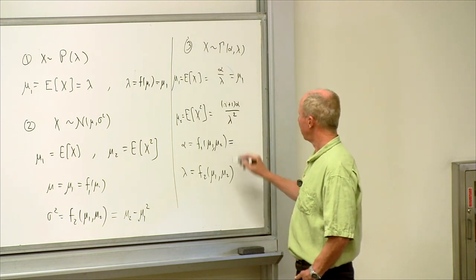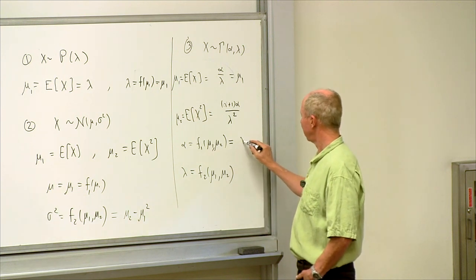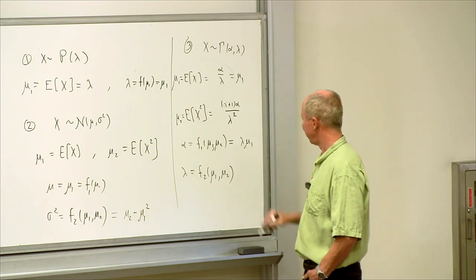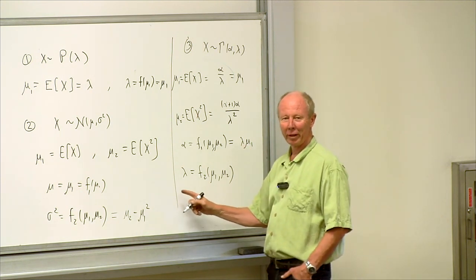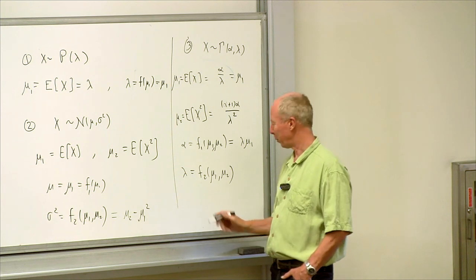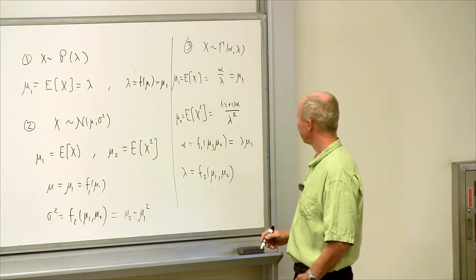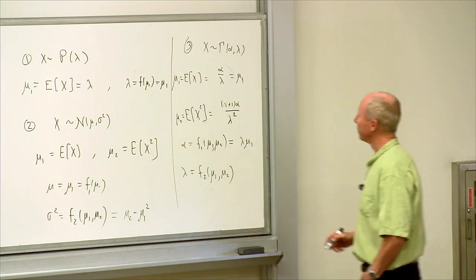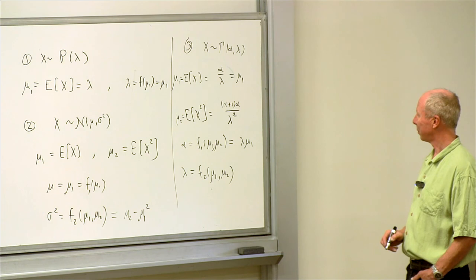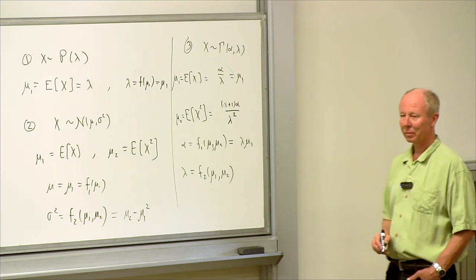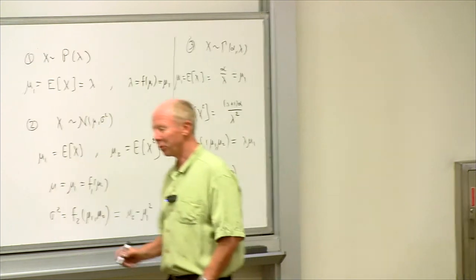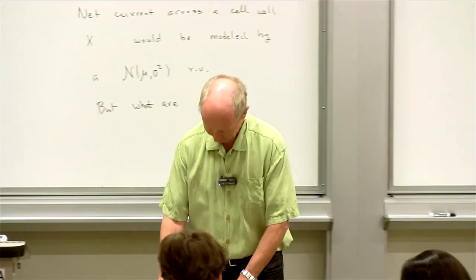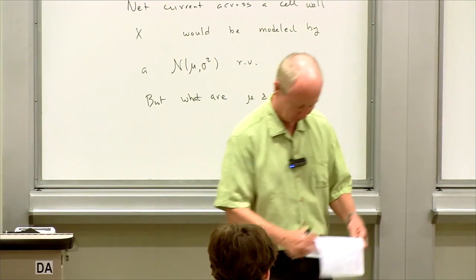But we have to express lambda now as a function of mu1 and mu2. Can we do that? You can, of course. There are two equations and two unknowns. Let me write down what the answer is.